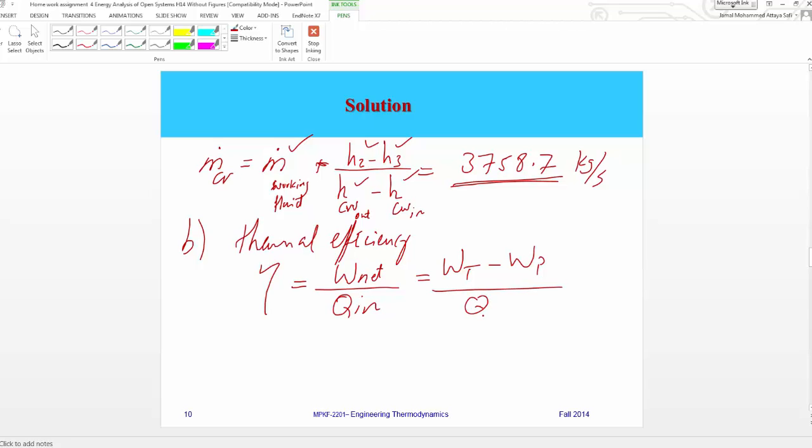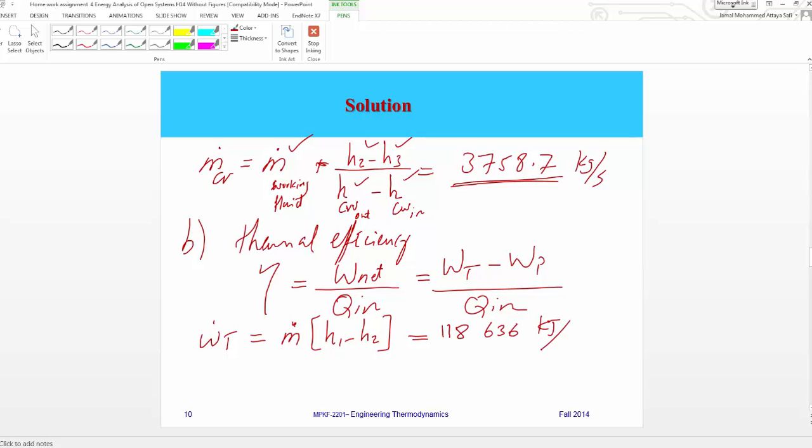And work of the turbine is the mass flow rate multiplied by h1 minus h2. We know this by now. This is the first law of thermodynamics for the turbine when everything else is zero.